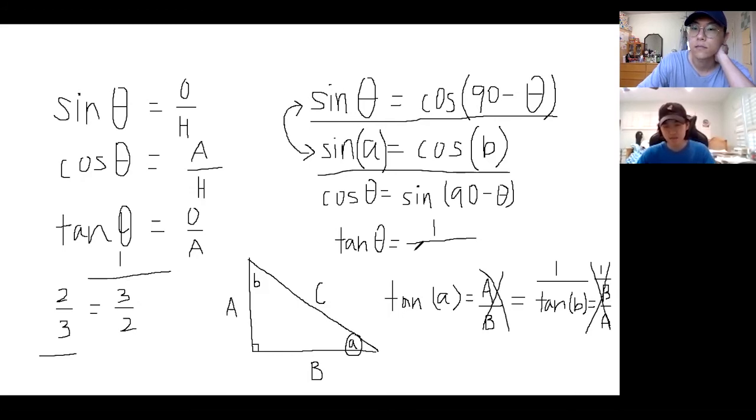Tangent of 90 minus beta, is that correct? No? I'm so confused right now.